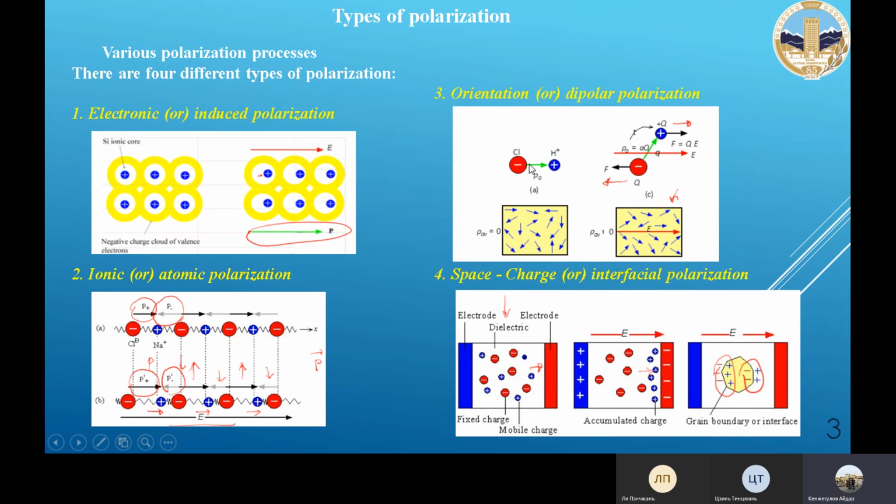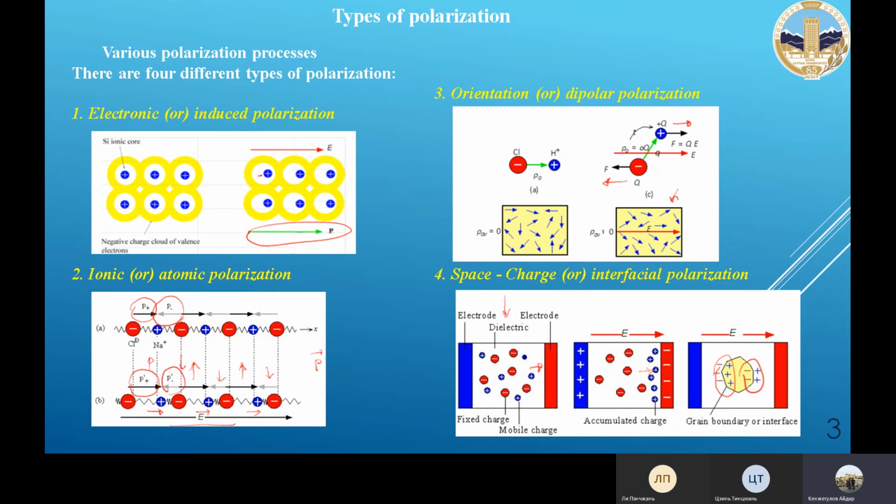Third, orientation polarization. This is when an electric field is applied on a dielectric medium with polar molecules. The electric field tries to align these dipoles along its field direction as shown in the figure.